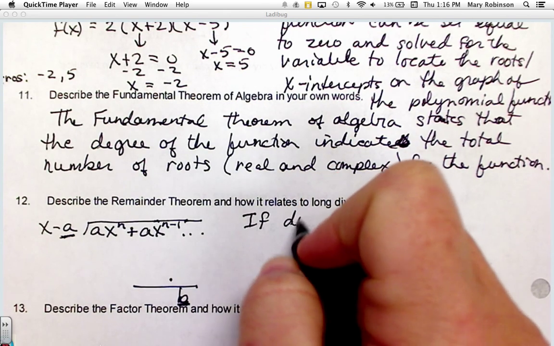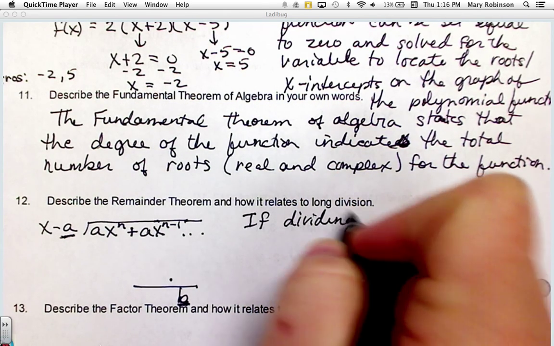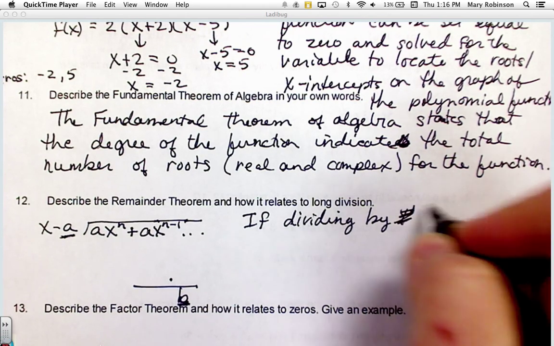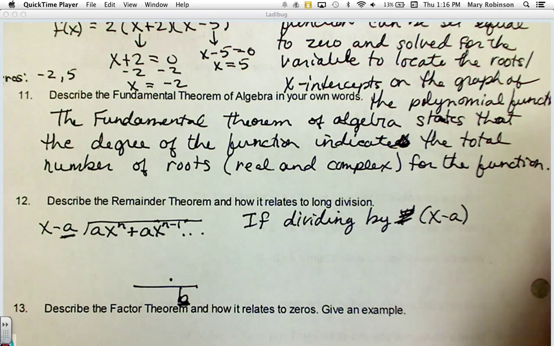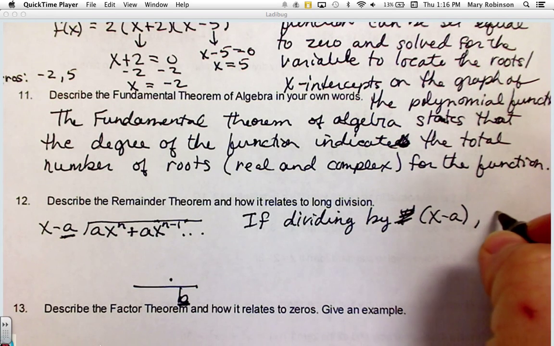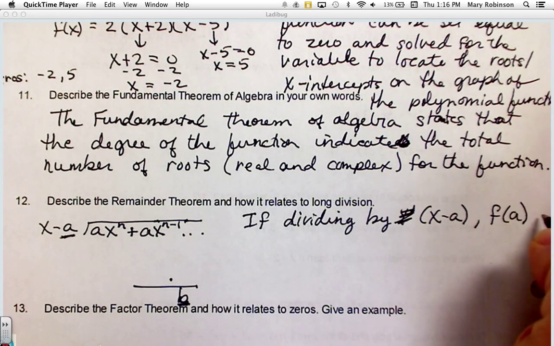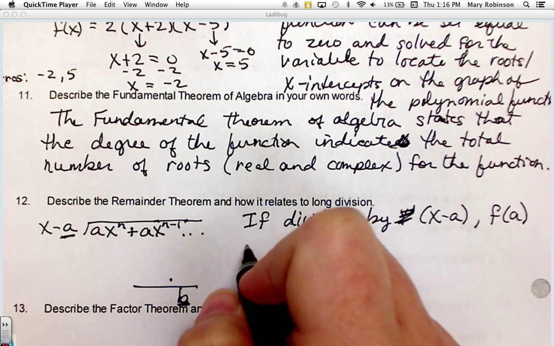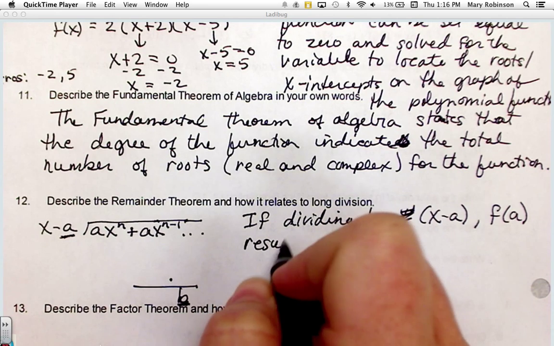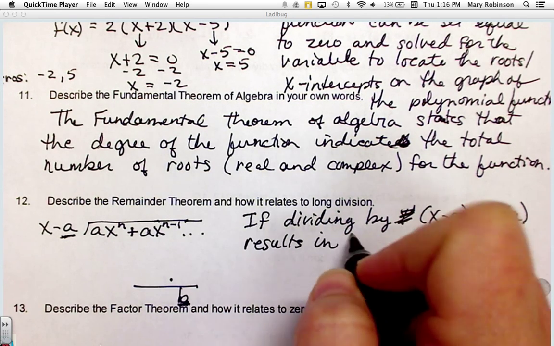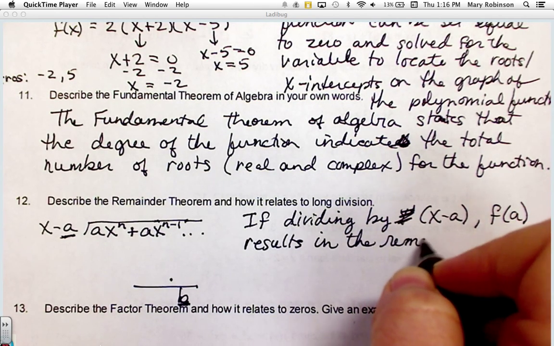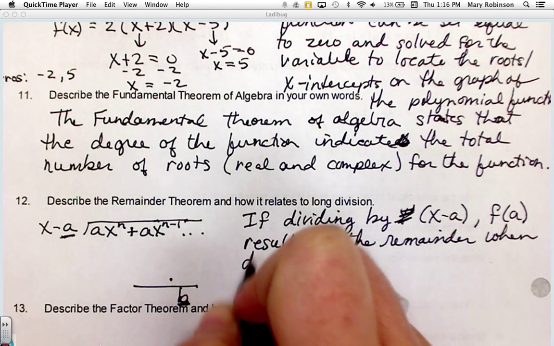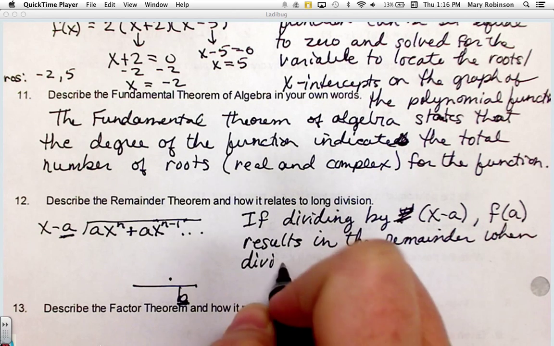If dividing by x minus a, f of a results in the remainder when dividing the polynomial by x minus a.